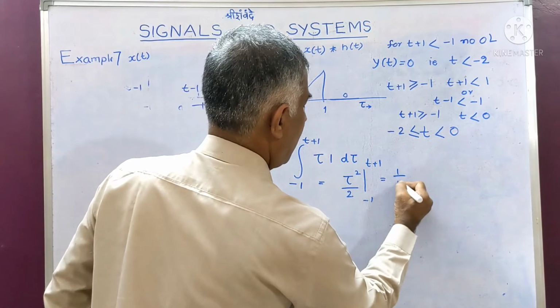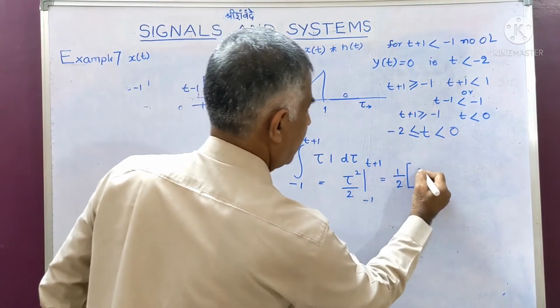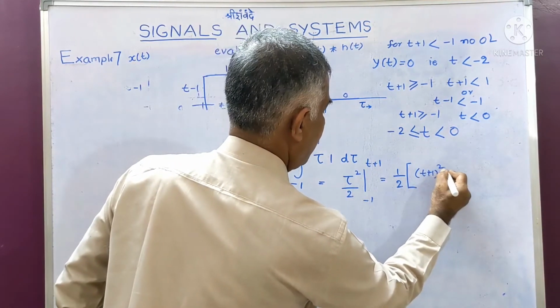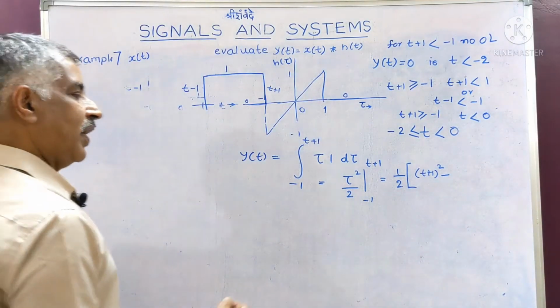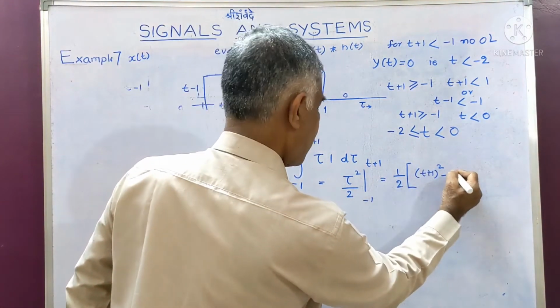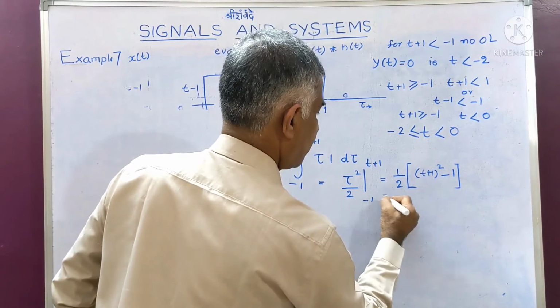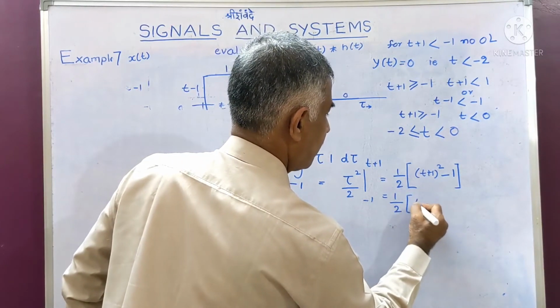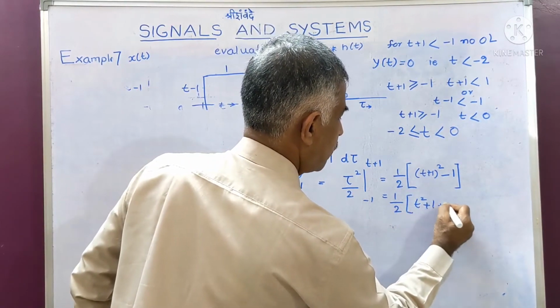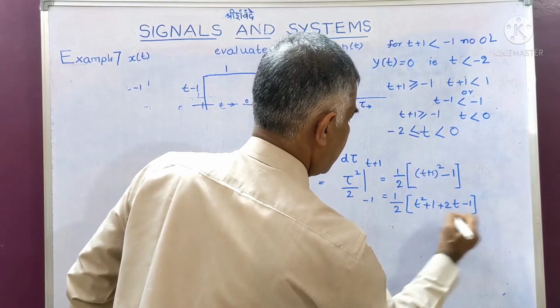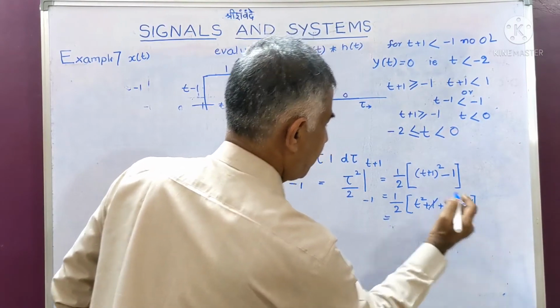Here you write half tau square, that is t plus 1 square minus 1 square, which means plus 1. That is half t square plus 1 plus 2t minus 1. Then 1 minus 1 cancels.